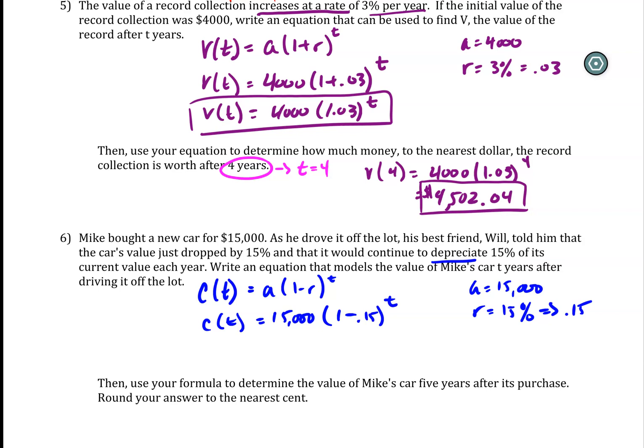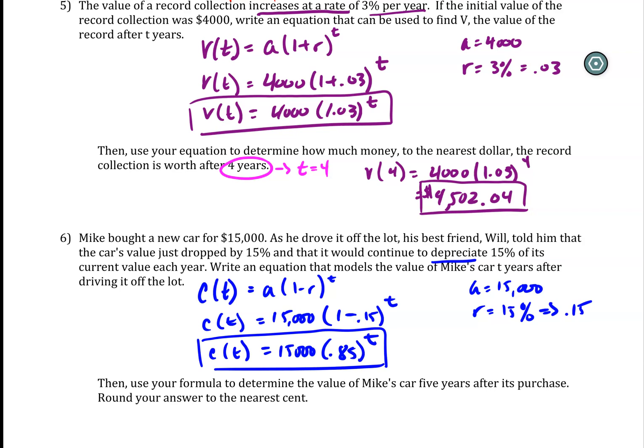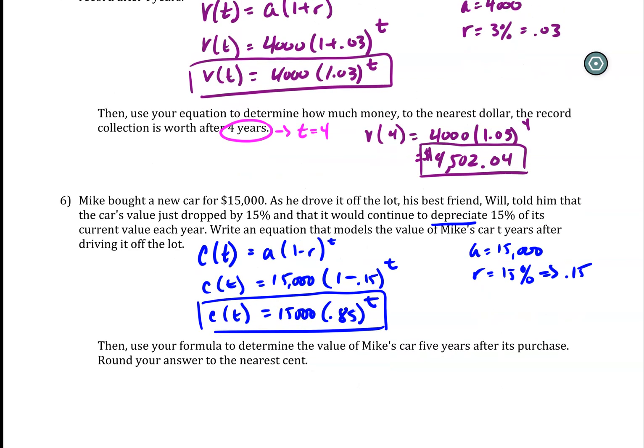If I actually subtract 1 minus 0.15, I should get 0.85. So C of t is going to equal 15,000 times 0.85 raised to the t. So there's my general equation of this depreciating car value that we have in this condition.